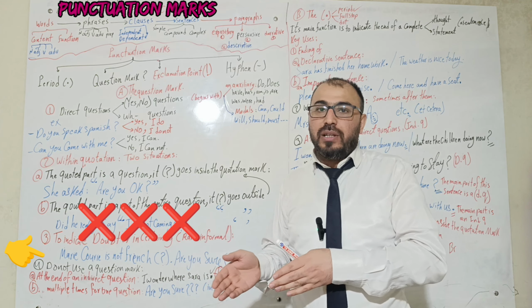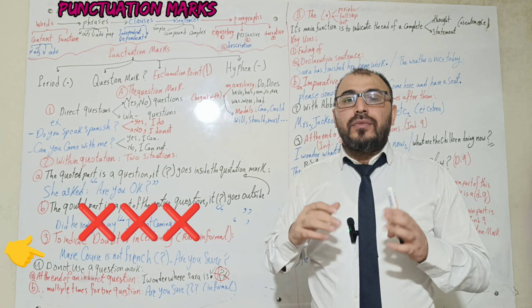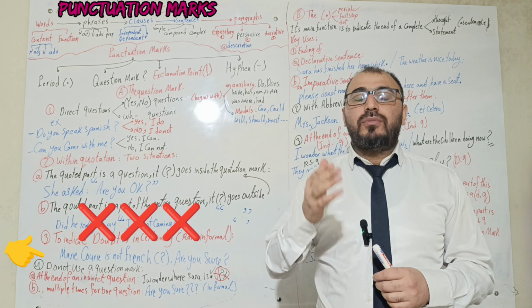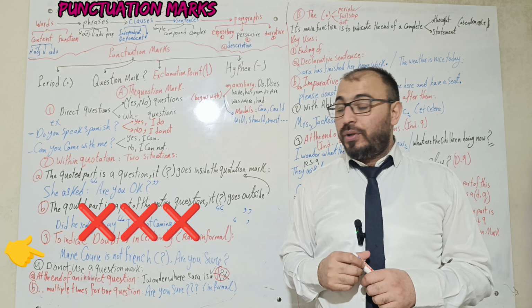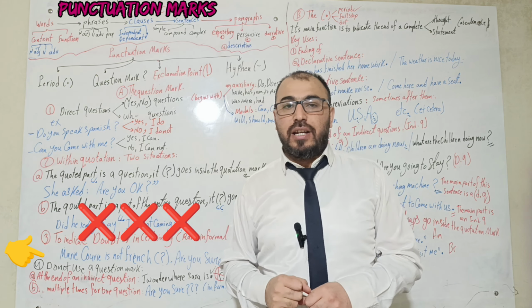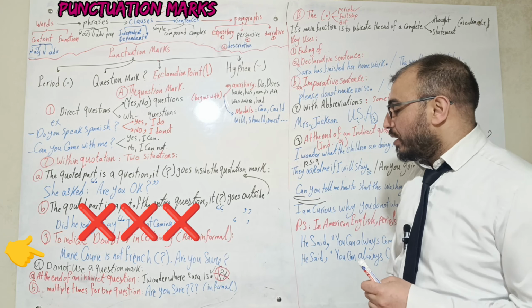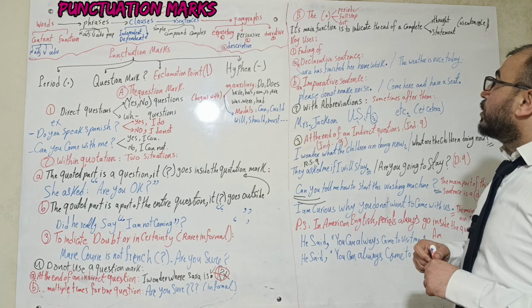Maybe in other cultures, for example, like the Turkish culture or the Arabic culture, generally we can write the question mark more than one time to emphasize the point, but in our culture, in the English culture, we don't use it at all. So don't repeat the question mark more than one time, because there is no need to do that.